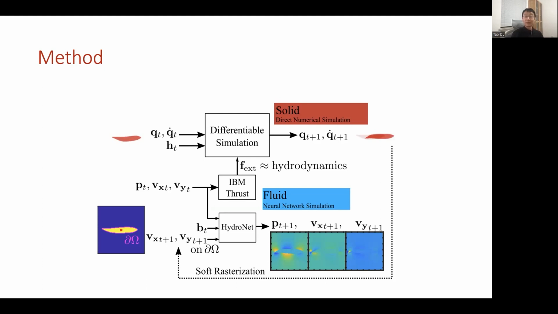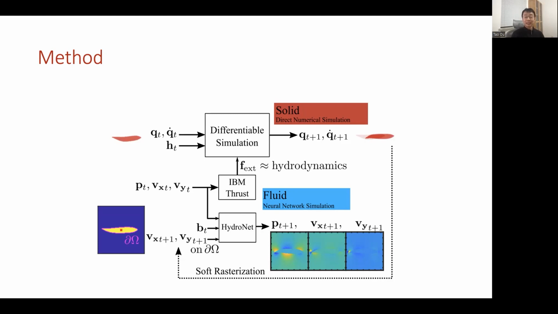For the deformable solid dynamics, we respect the physical laws and simply implement a standard FEM solver with Newton's method, the standard solution that you can easily find in any commercial physics-based simulator.